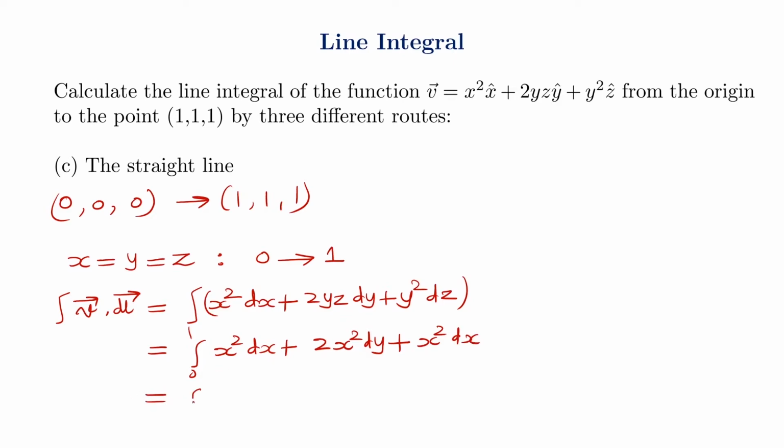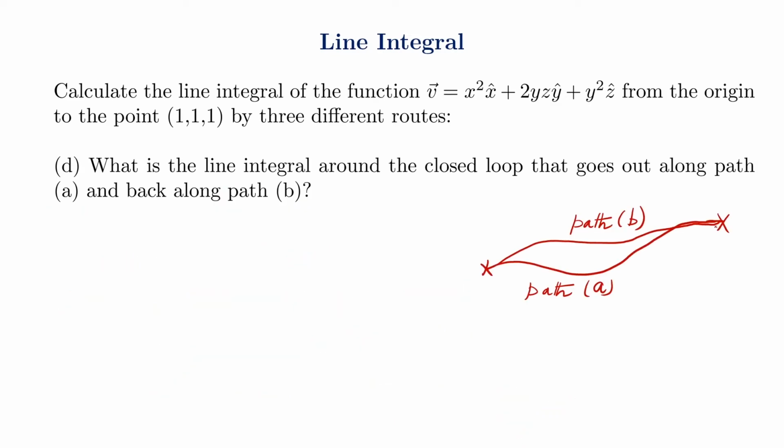So this is equal to integral 0 to 1 4x square dx, which is equal to 4x cube divided by 3 from 0 to 1, that is equal to 4 divided by 3.